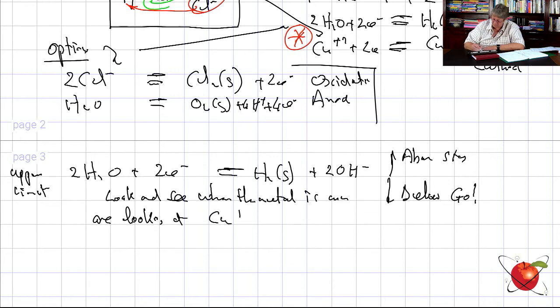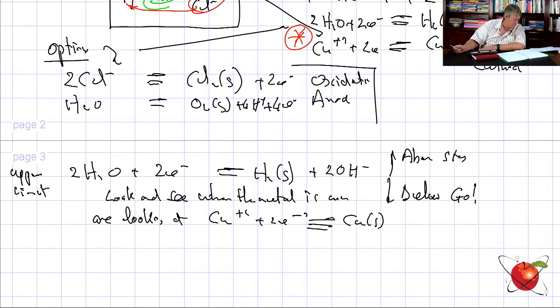Copper, plus 2 electrons going to Cu solid, and you will see that in fact that is, now I've got to find it, it's way down at 0.34. Okay, it is below.